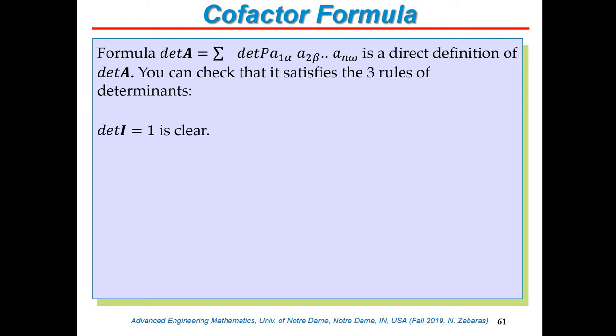Okay, so if you want to prove this, you have nothing else to do but to effectively prove that the rules of determinants, basically rules 1, 2, 3a, and 3b, are being satisfied.